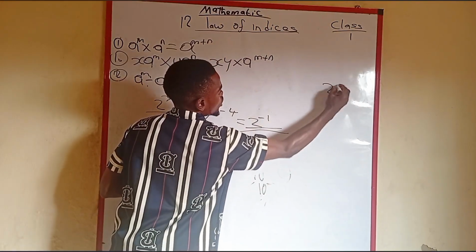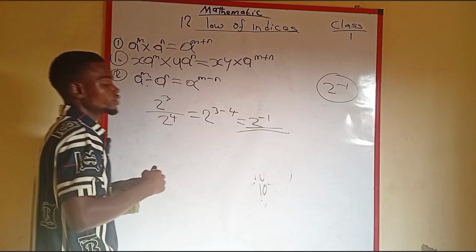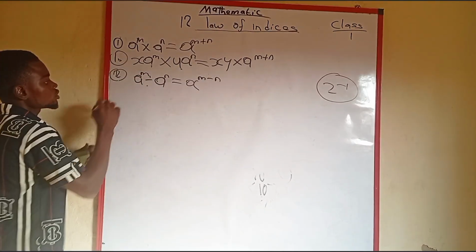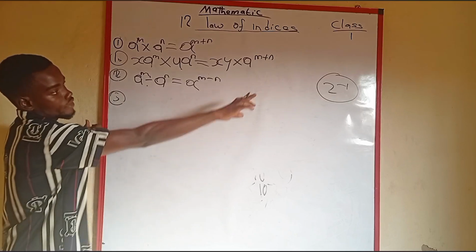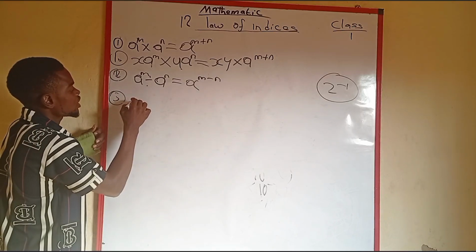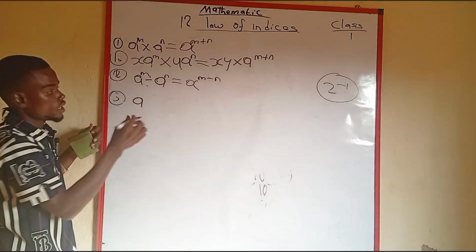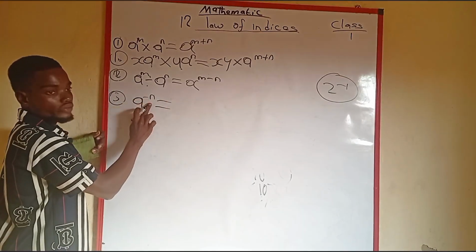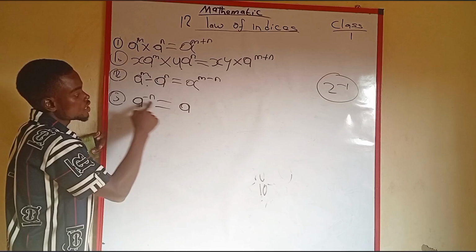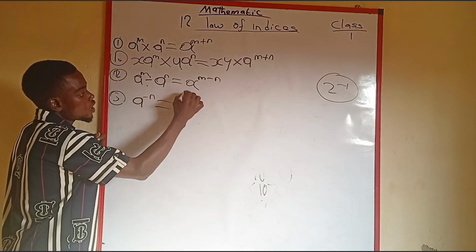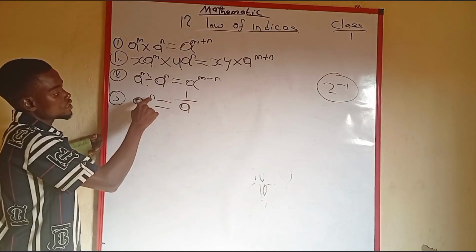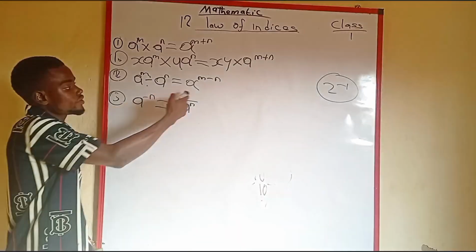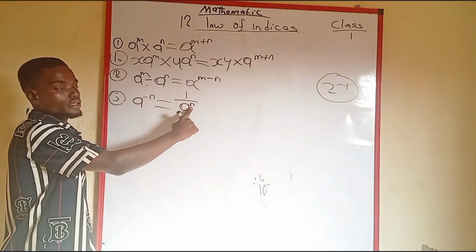This is under a law of indices. Once we reach there, we are going to complete our answer. Hope you understand this. Now the third law, which I'm going to talk about, reflects what I have over there. If I have a to a negative power, let's say negative n, then a to the power negative n is 1 over a, this negative will form 1 over a, and this power n will still be there, in the absence of the negative, because the negative has formed 1 over a.